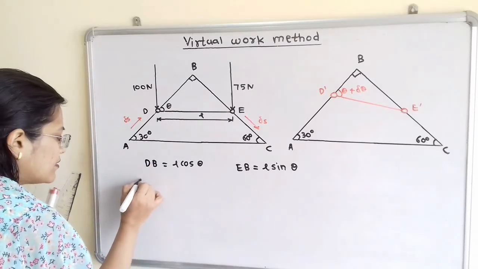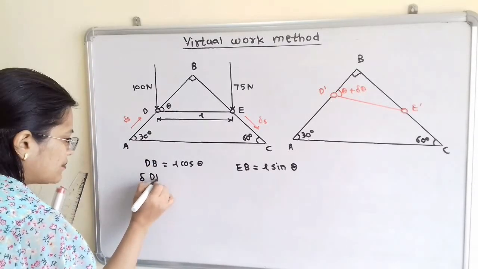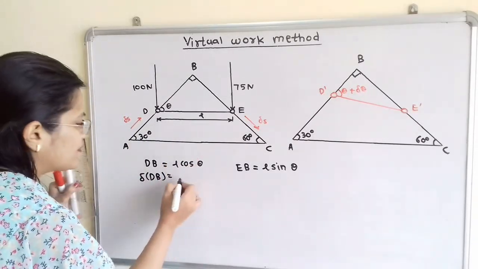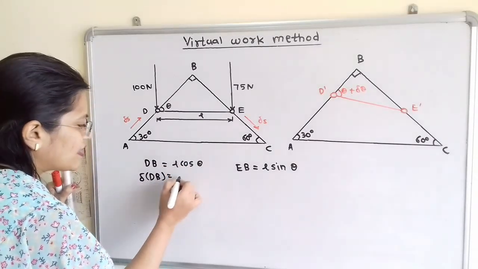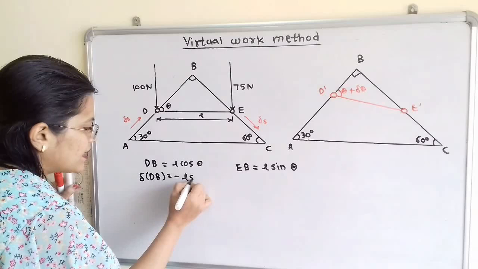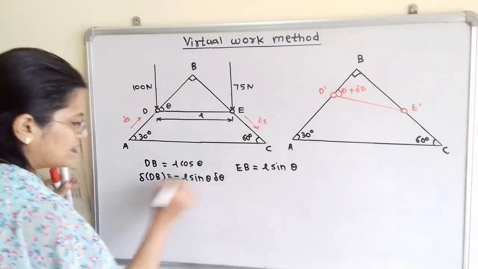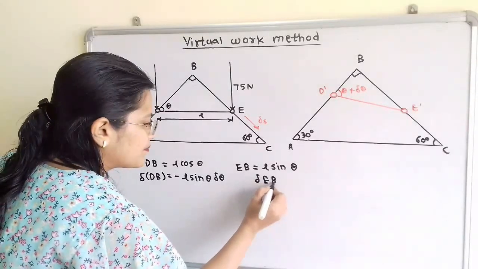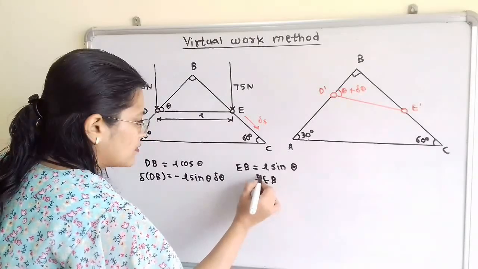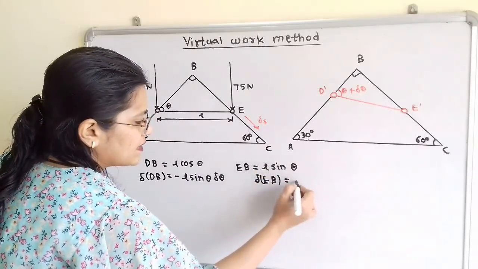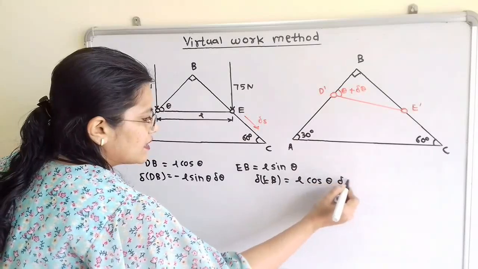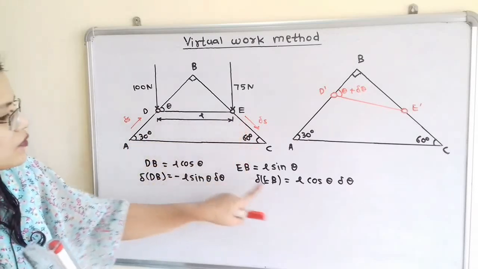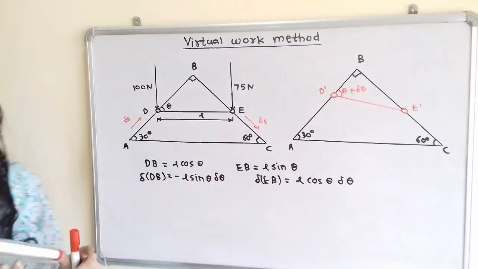L is constant, and the derivative of cos theta is minus sin theta, so delta DB is equal to minus L sin theta delta theta. In the same way, delta EB is equal to L cos theta delta theta. So we have converted the displacements into terms of theta and delta theta.